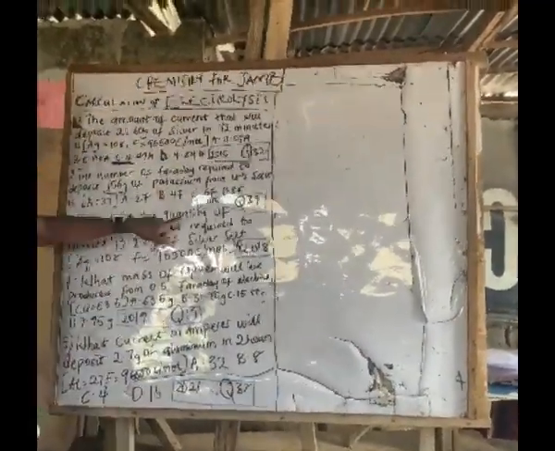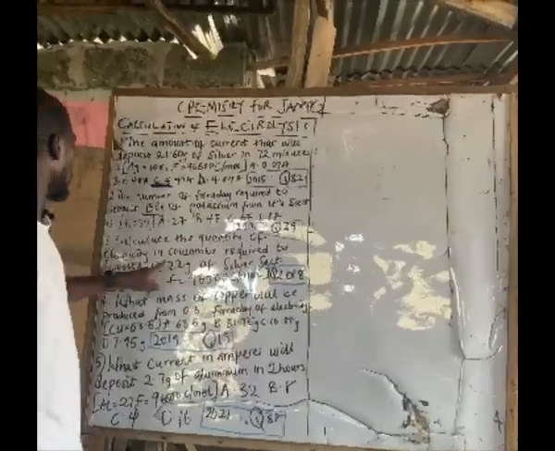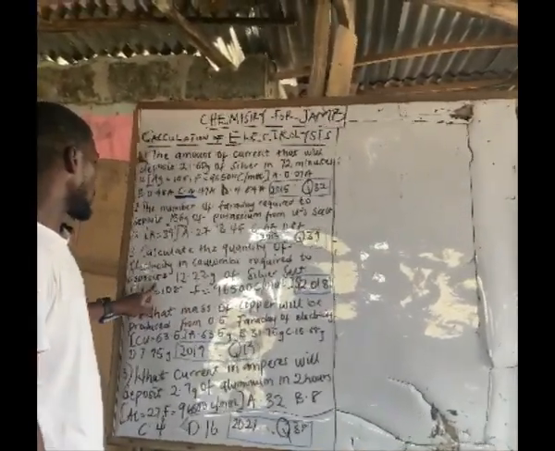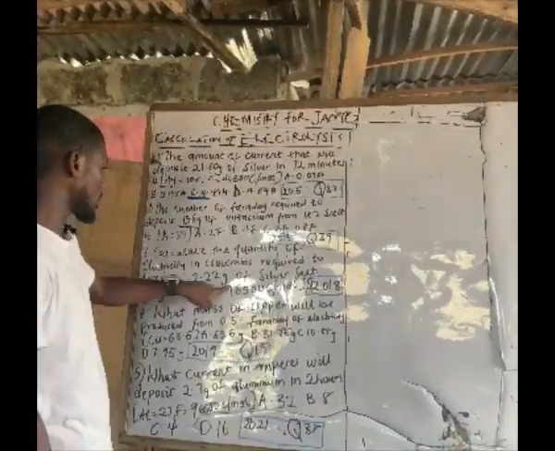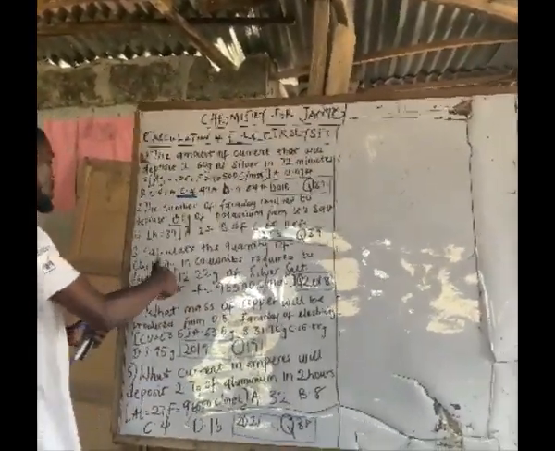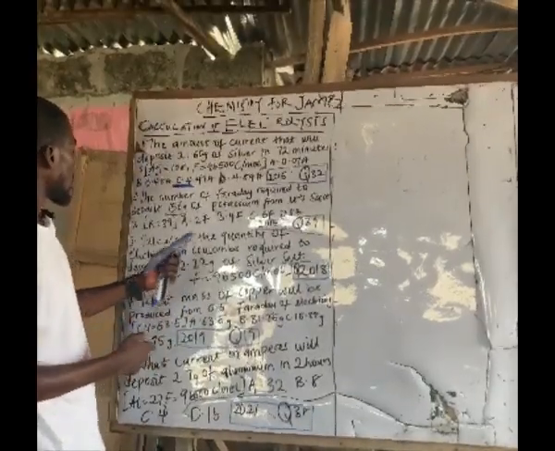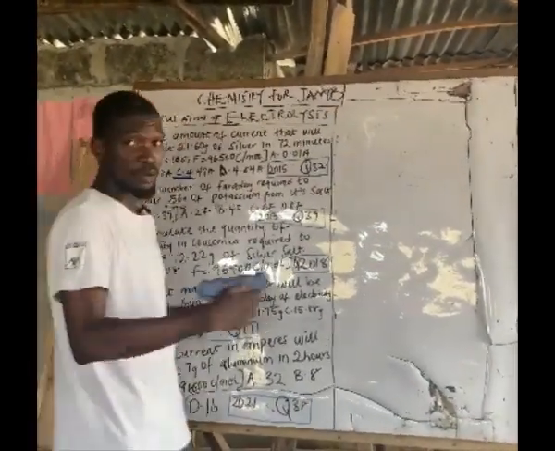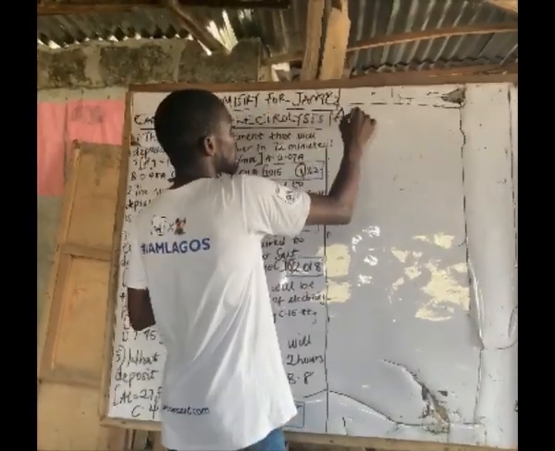Calculate the quantity of electricity in coulombs required to deposit 12.22 grams of silver salt. So class, if you look at the quantity of electricity, it's very, very simple. The same formula I'll be using. Our silver is Ag.